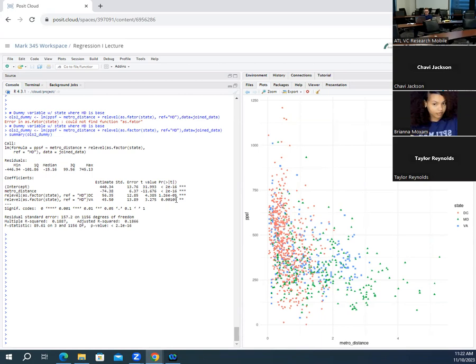And the part that's a little puzzling to me is why we're getting a significant difference between Virginia and Maryland. I wouldn't have expected that. So I'm a little puzzled. I need to think about that.